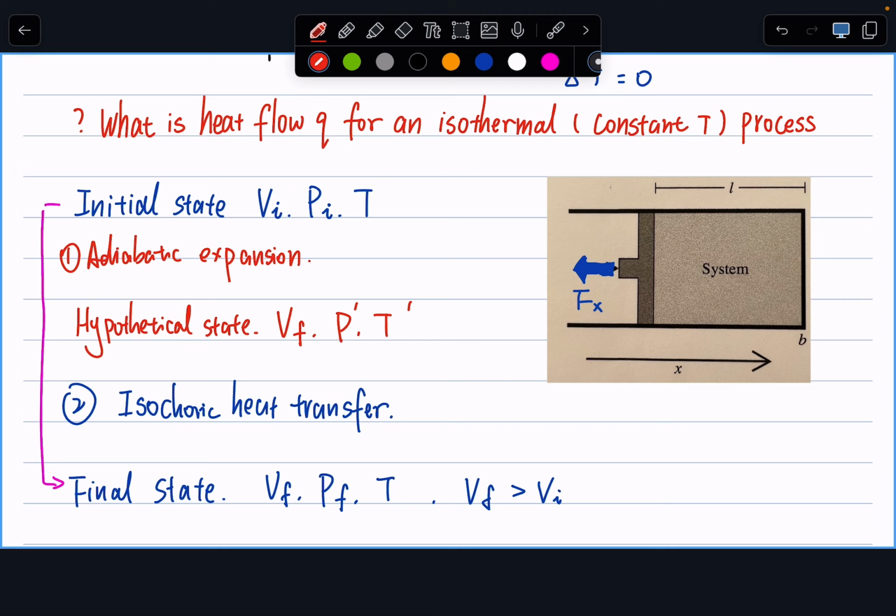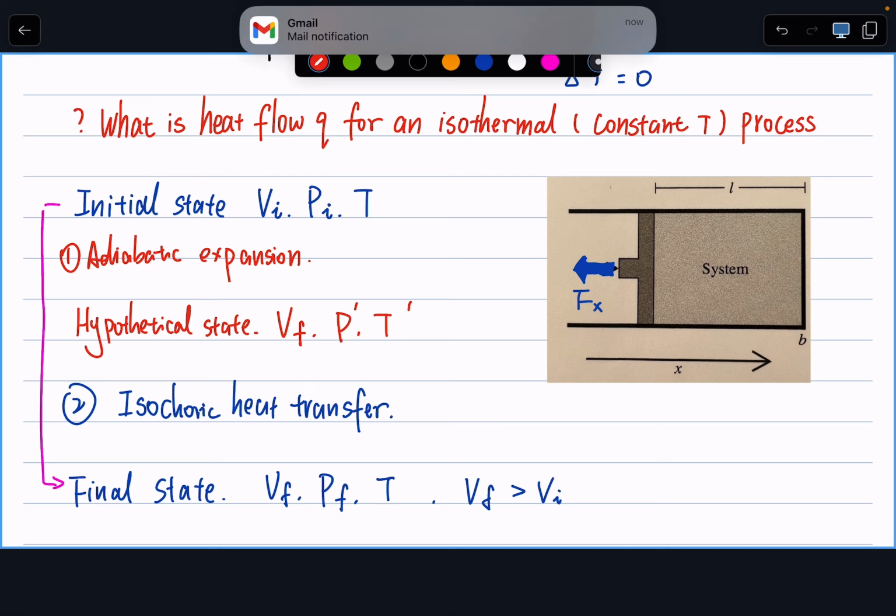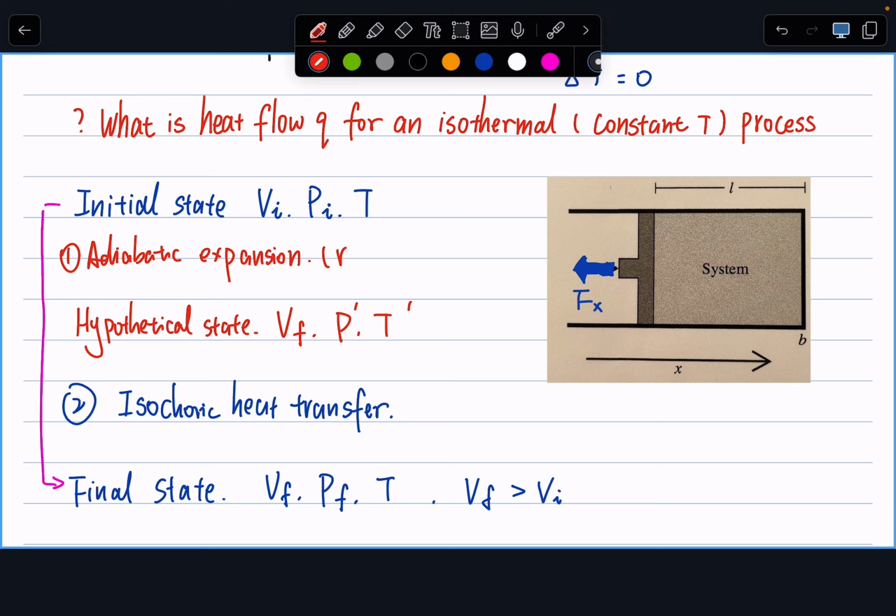So now, in the first process, we say that is an adiabatic expansion of the gas. So for the process, we have Q equals 0 because it's adiabatic. And I forgot to say we want it to be a reversible adiabatic.